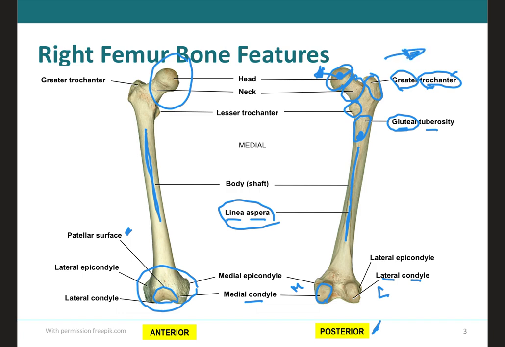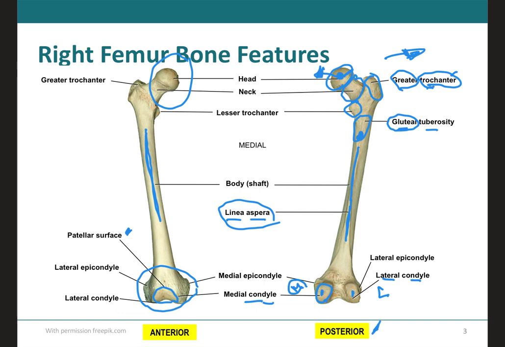So always look for the head. Therefore, the head is pointing to the medial side. And a condyle means that it's a smooth, round, articulating surface. And this is exactly what the condyles are: a smooth, round, articulating surface that will articulate with the tibia. And we will see this later on.